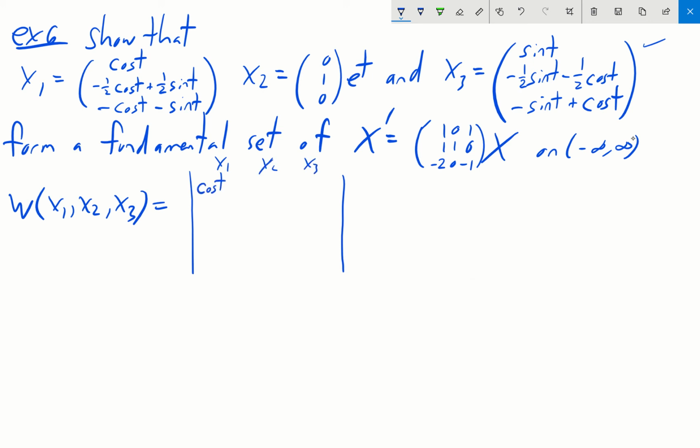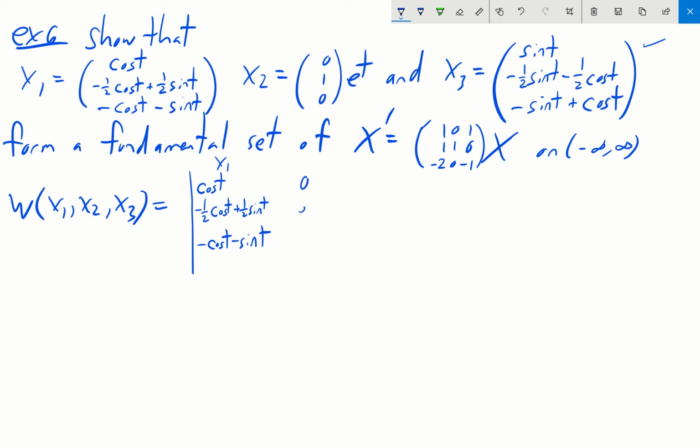The first column is cosine t, minus 1/2 cosine t plus 1/2 sine t, negative cosine t minus sine t. I'm going to need to make this bigger. Our next column is going to be x2, which is 0, times e to the t.